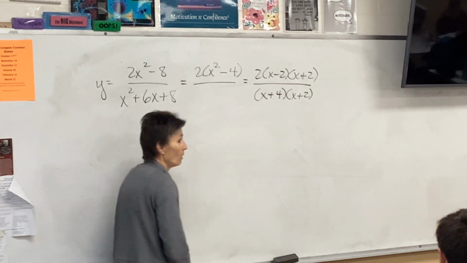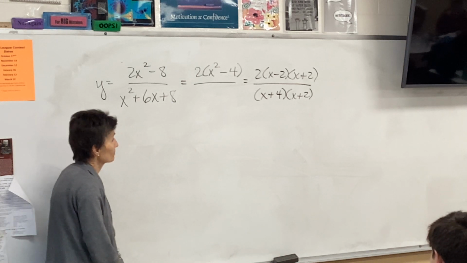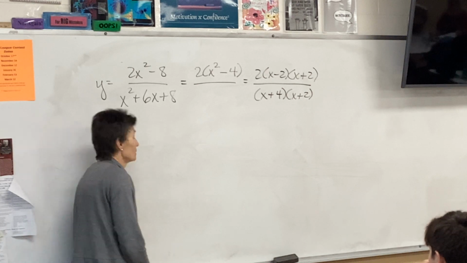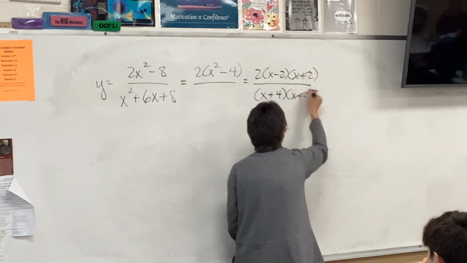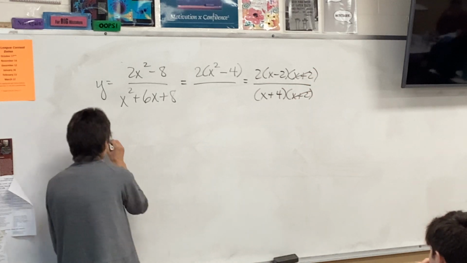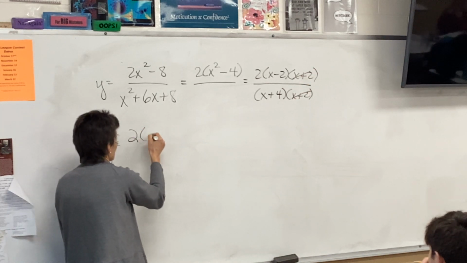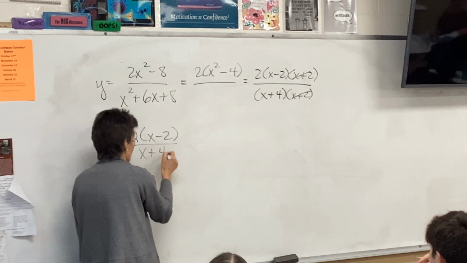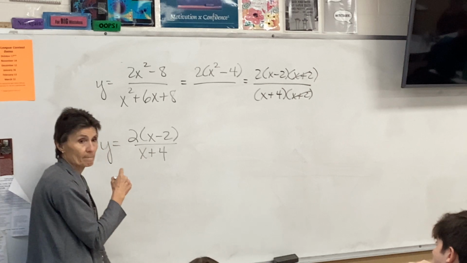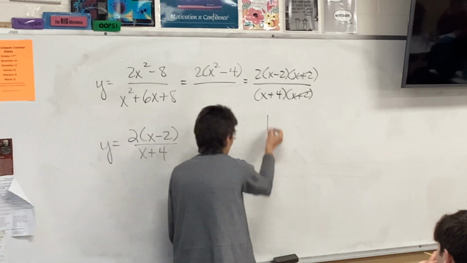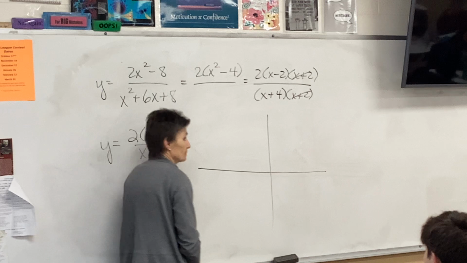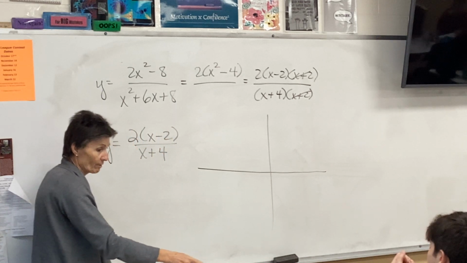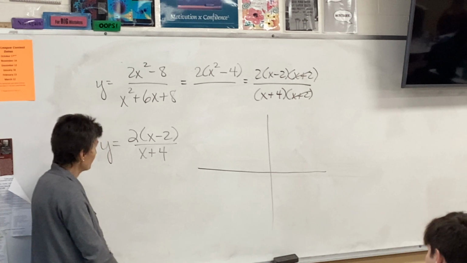So now I'm all factored, and when we cancel out the x plus 2, I'm going to have a hole in this problem. So I'm going to ultimately be graphing 2 times x minus 2 over x plus 4. That's what I'm graphing. And now I have to start filling in my lists there and putting those things in my graph.